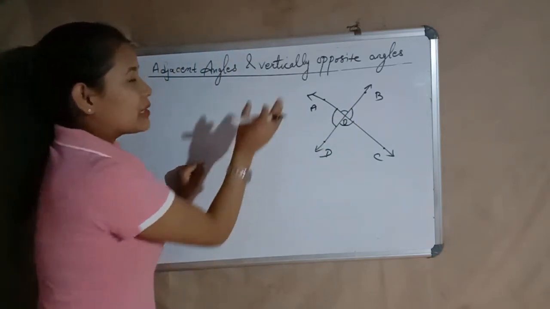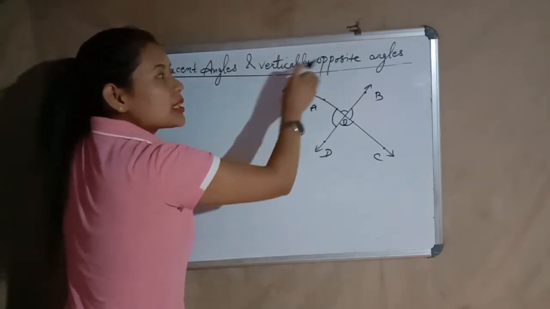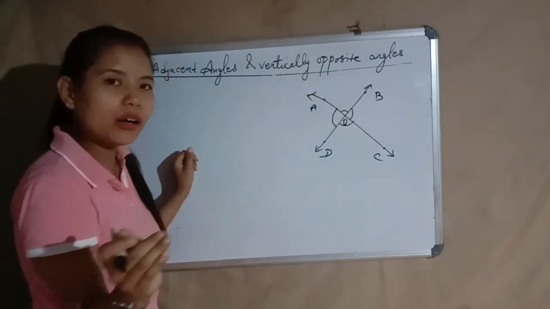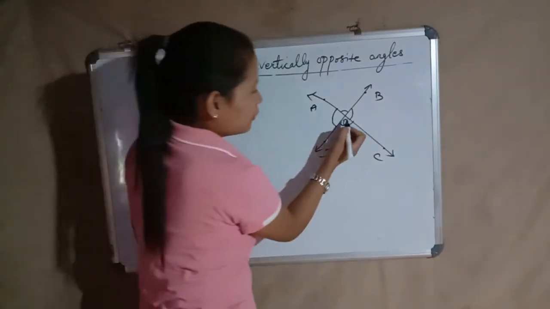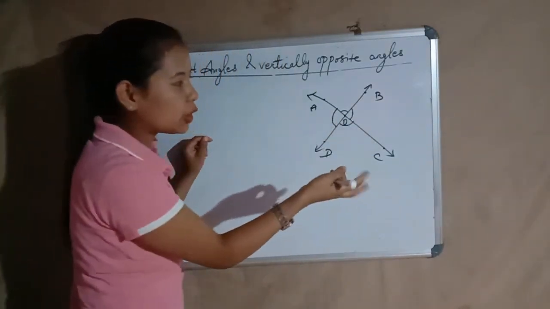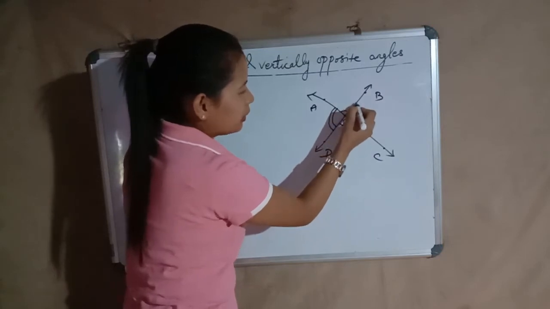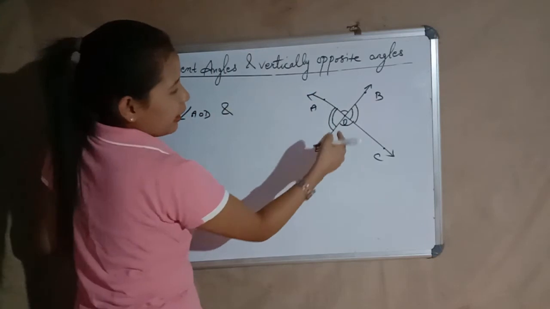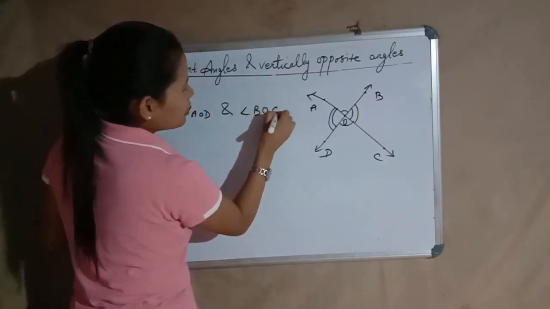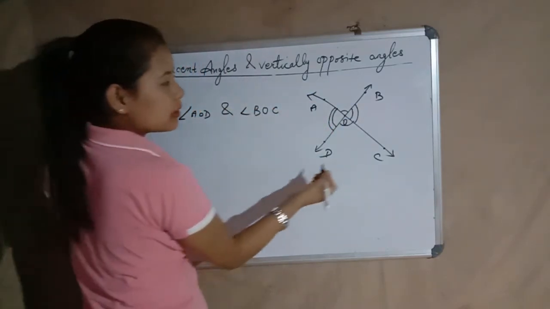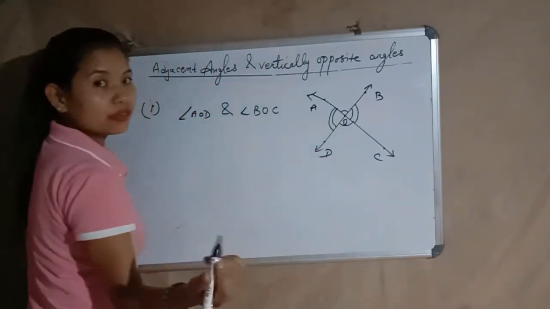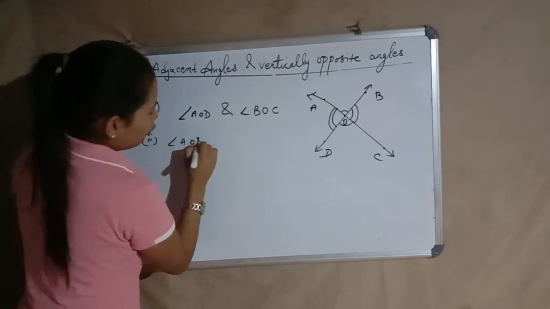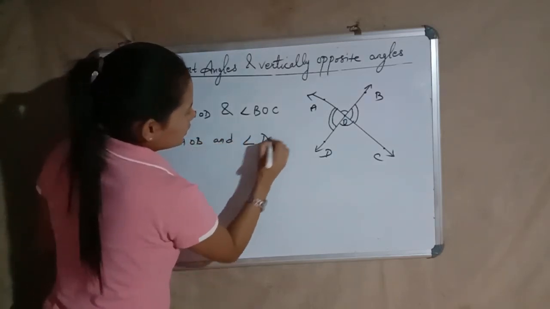As the name suggests, it is vertically opposite angles. The position of the angles should be in such a way that they are vertically opposite. In this vertex, the 2 vertically opposite angles are this angle and this angle: angle AOD and angle BOC are vertically opposite angles. Another pair of vertically opposite angles are angle AOB and angle DOC.